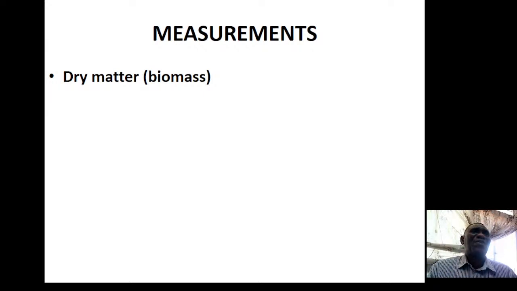This is how you can process the dry matter or biomass into something meaningful.